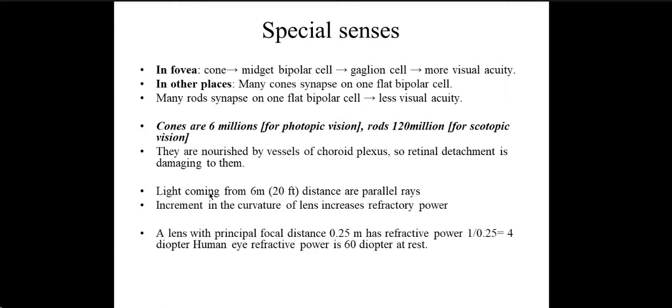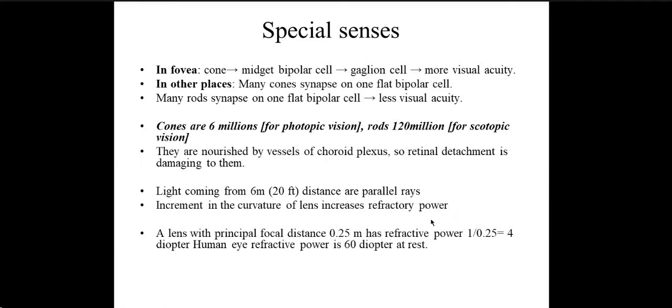Now, light coming from a distance of 6 meters or more is parallel rays. So an increment in the curvature of the lens increases its refractive power. You have already done this in your practical classes on the accommodation reflex.